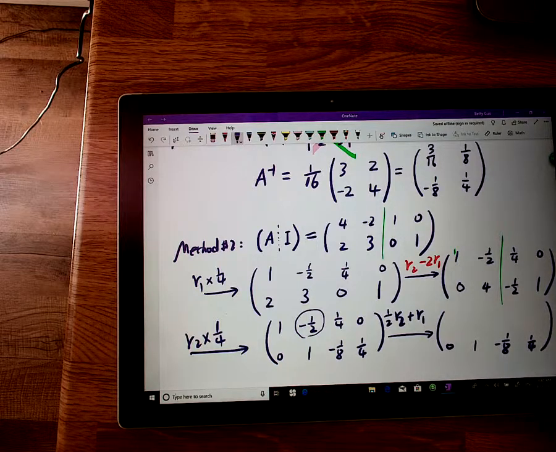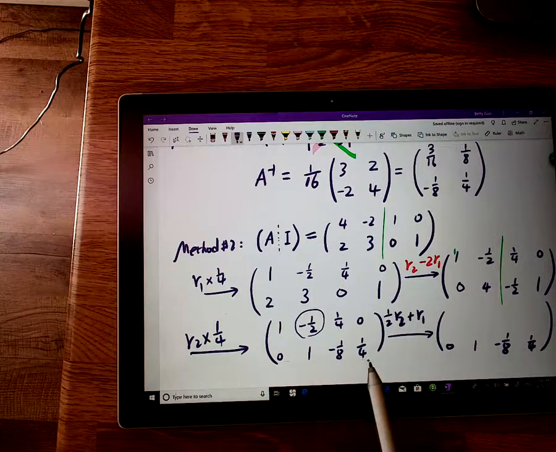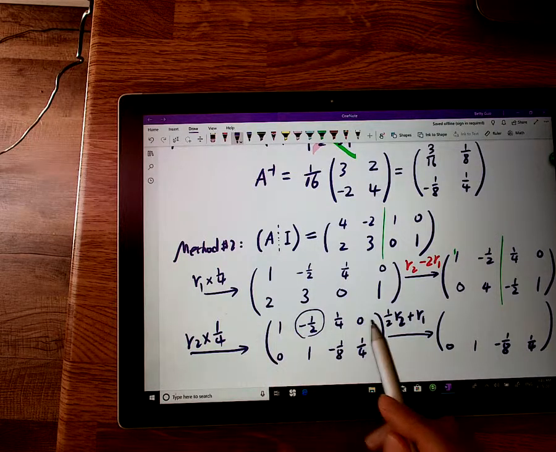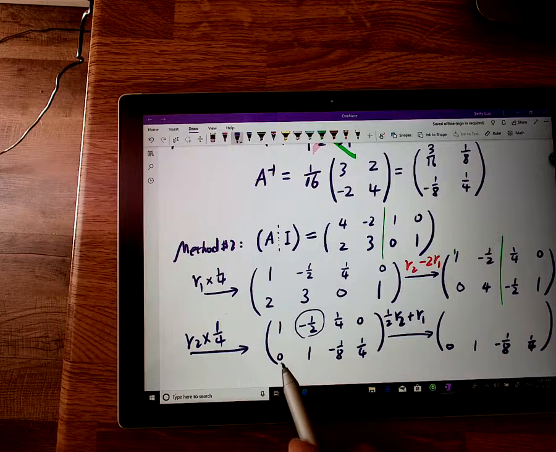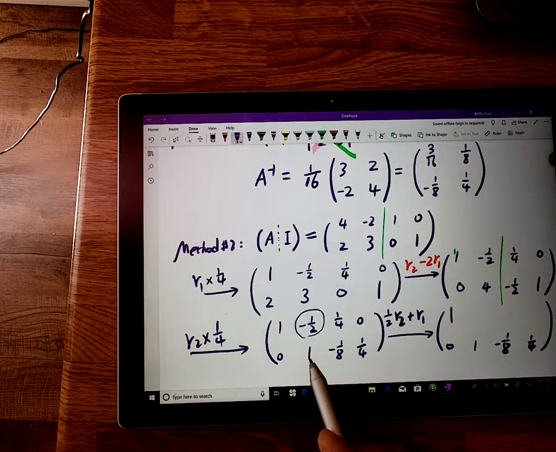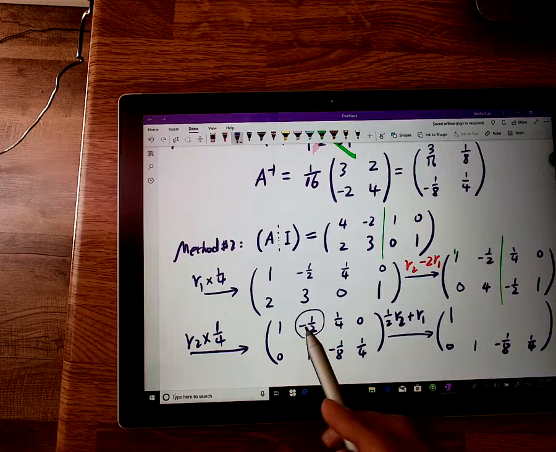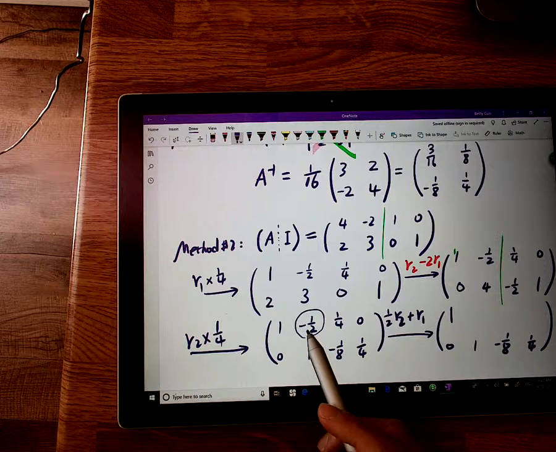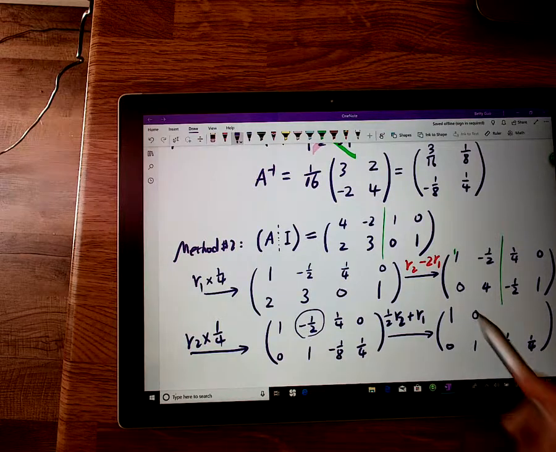Row 1 is going to be changed. We multiply all the entries in row 2 by half, and then add it to the corresponding entries in row 1. 0 times half, 0. 0 plus 1, 1. 1 times half is half. Half plus negative half is 0.